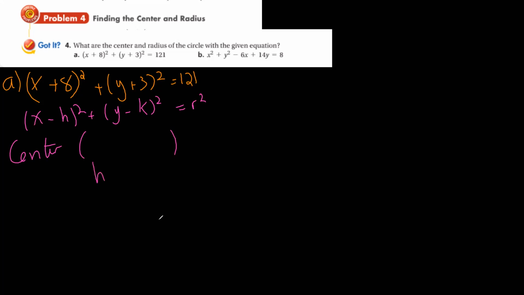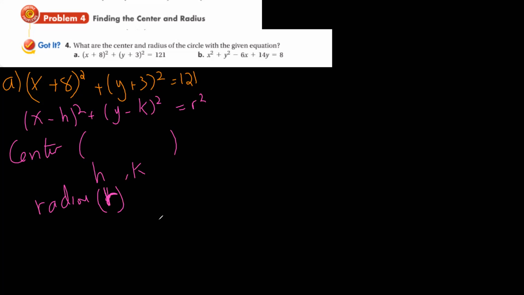As we know, the equation of a circle is (x − h)² + (y − k)² = r². So the center is (h, k) and the radius is r.